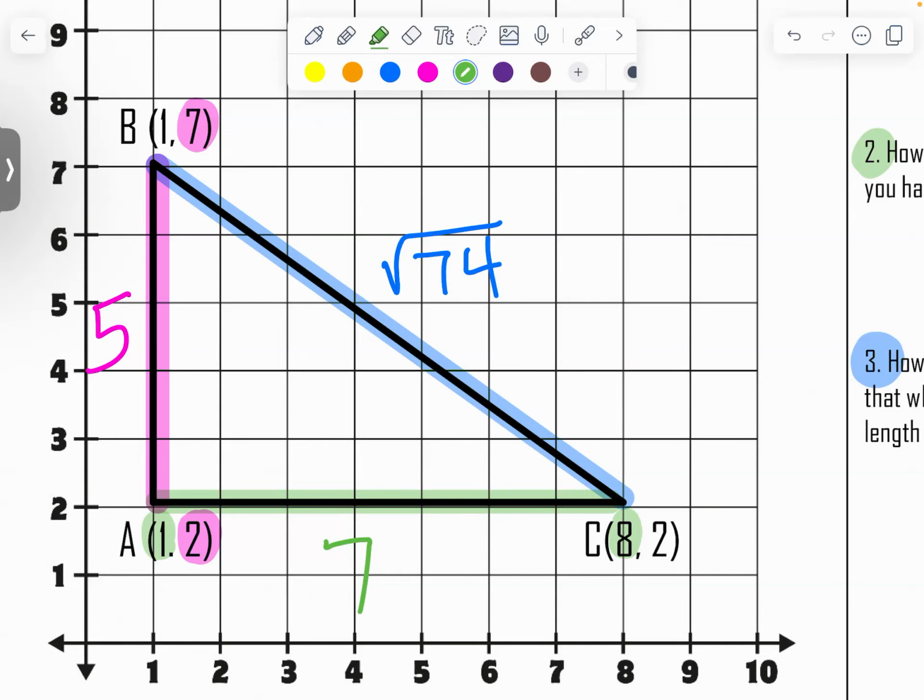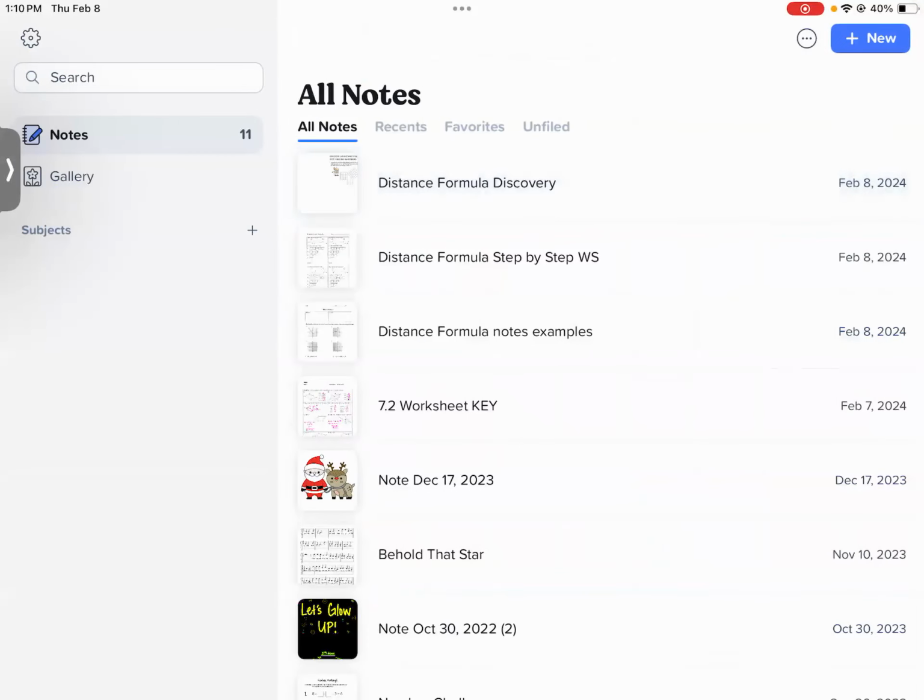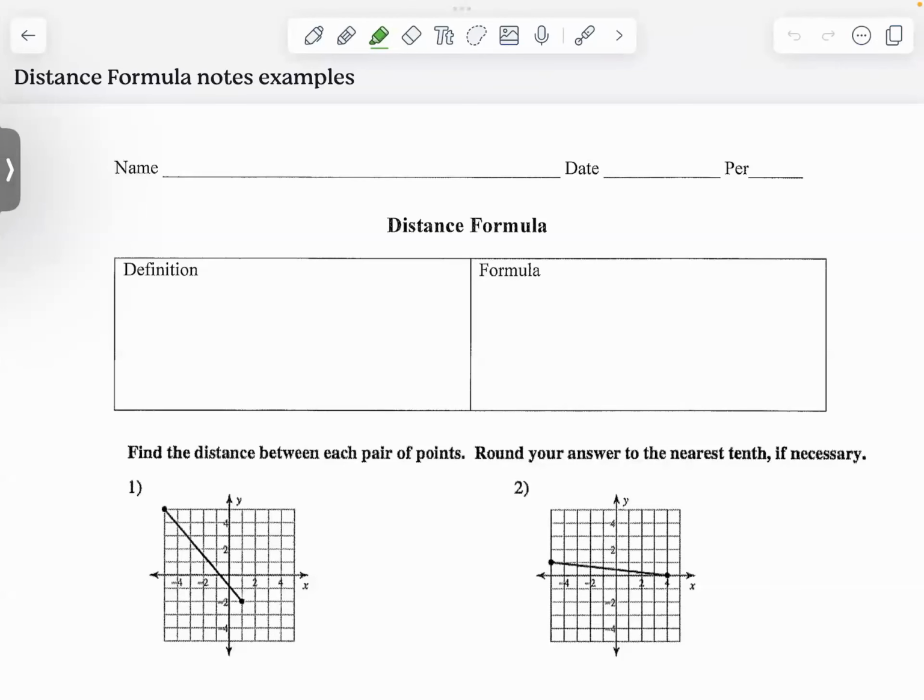Now, our goal today is to find the distance between 2 points. Tony, what's our goal? To find the distance between 2 points. Okay. Now, eventually I'm going to give you a formula and we'll talk about why.